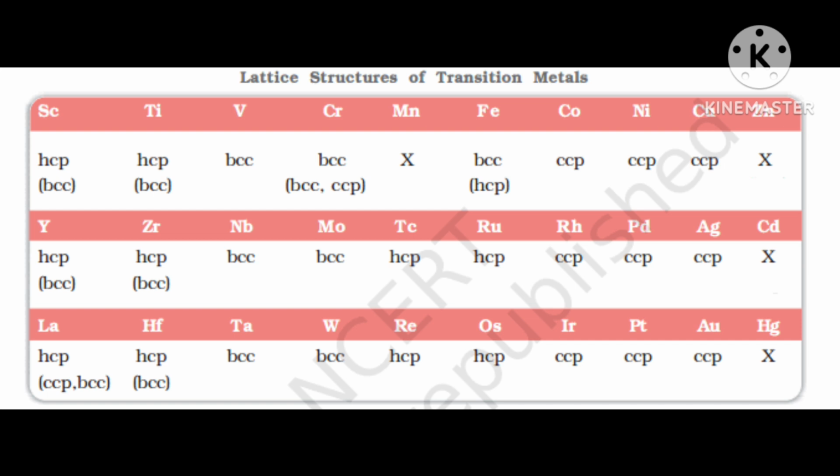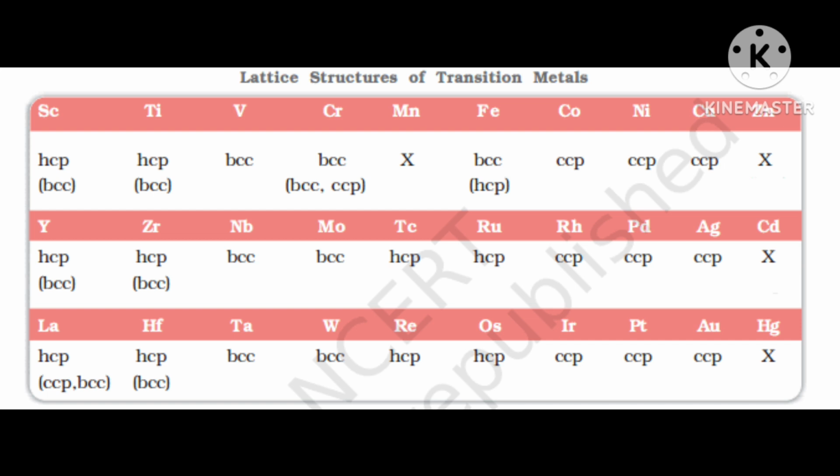In general, the greater the number of valence electrons, the stronger is the resultant bonding. You remember this in transition metals.